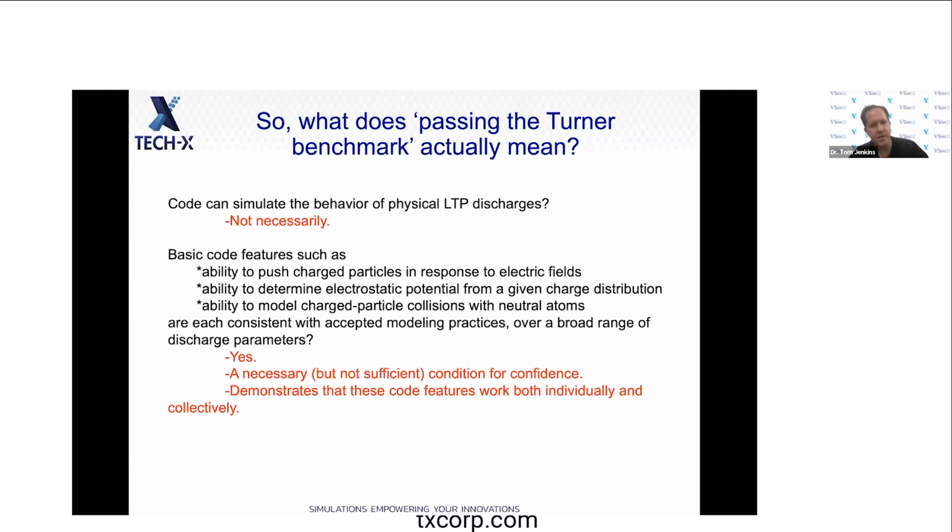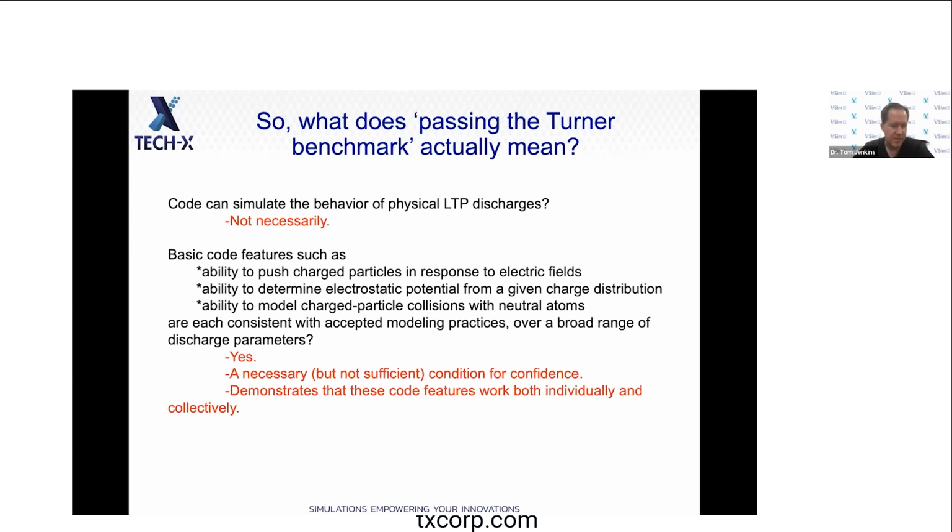We can do a field solve from a given charge distribution. And we can model very detailed collision processes of ionization and then elastic scattering, charge exchange, and such like. And these different modular pieces of the code all work together in a way that, in some sense, agrees with things that people believe to be correct.